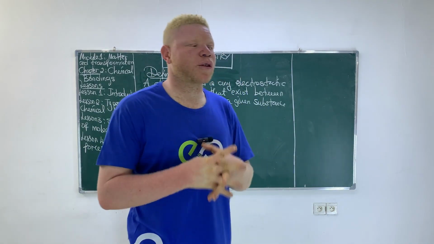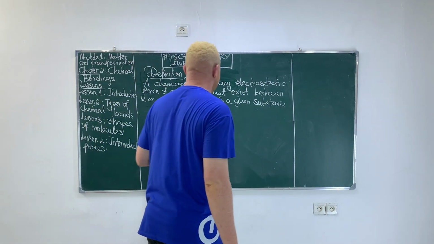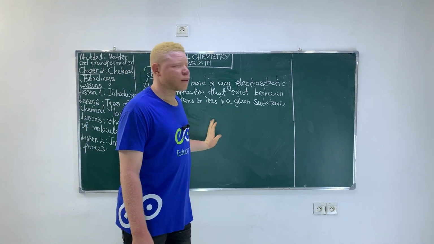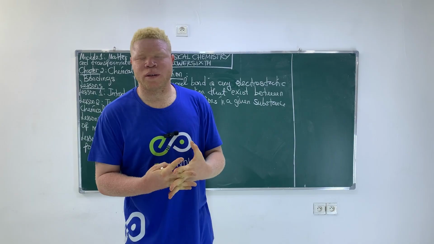So the chemical bond, first of all, is electrostatic in nature and it exists between two atoms or ions in a given molecule or a substance.